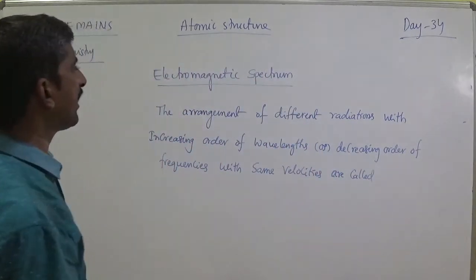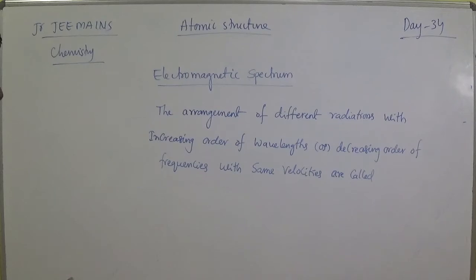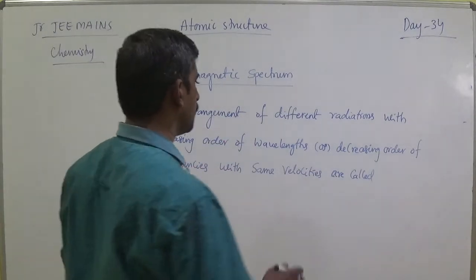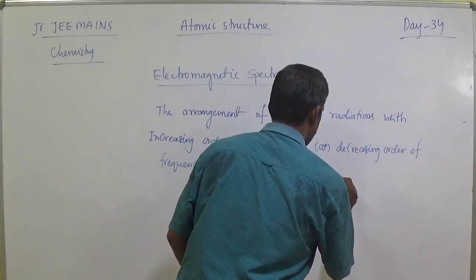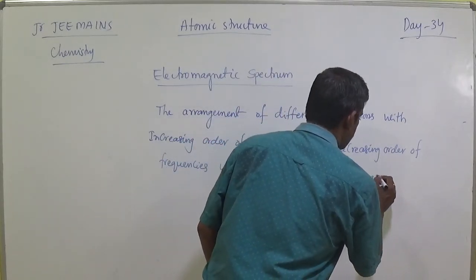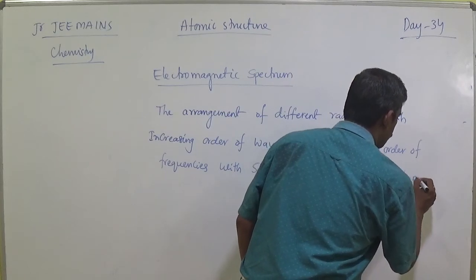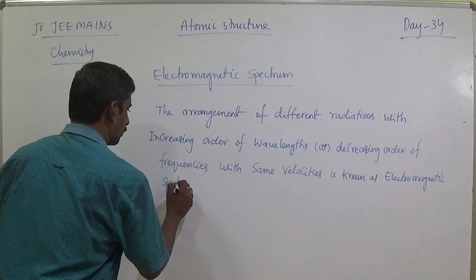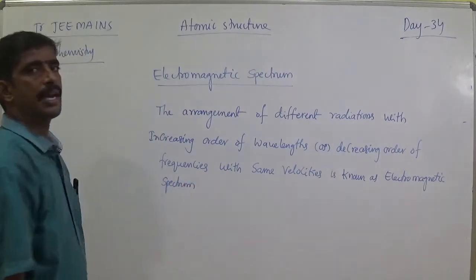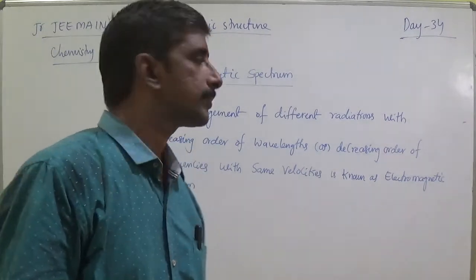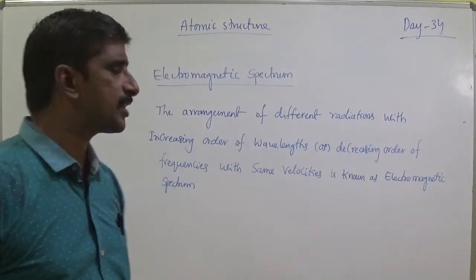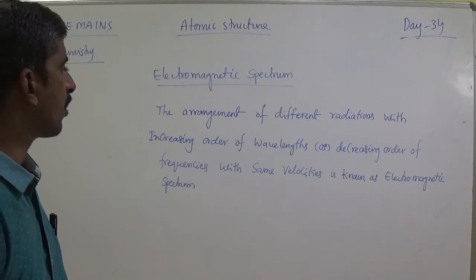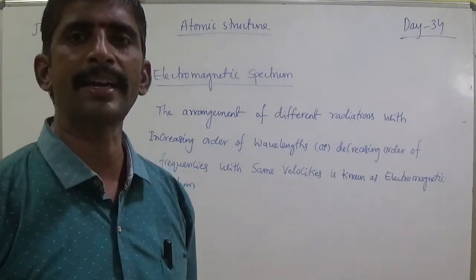The arrangement of different radiations with increasing order of wavelengths or decreasing order of frequencies with the same velocities is known as electromagnetic spectrum.